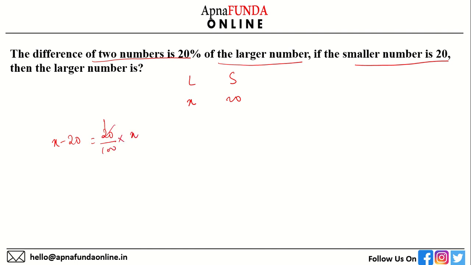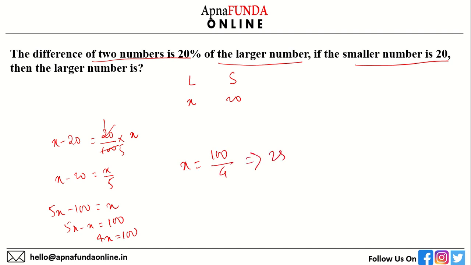Correct? x minus 20 is equal to x by 5. 5x minus 100 is equal to x. 5x minus x is equal to 100. 4x is equal to 100. x is equal to 100 by 4, which is equal to 25. This is my answer. I hope this is the answer you have also got. You have solved along with me. You have been able to follow. Very simple question. Let's go to next question.